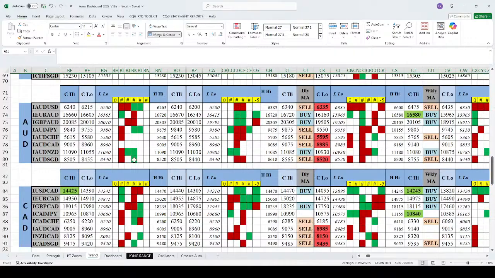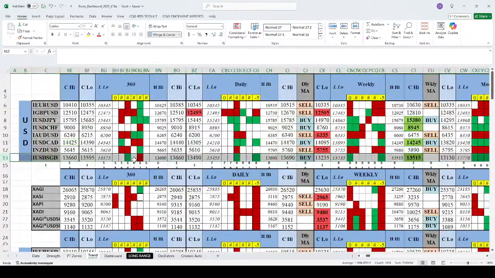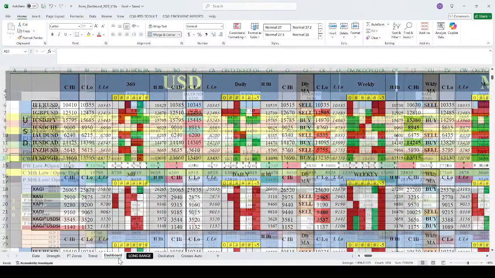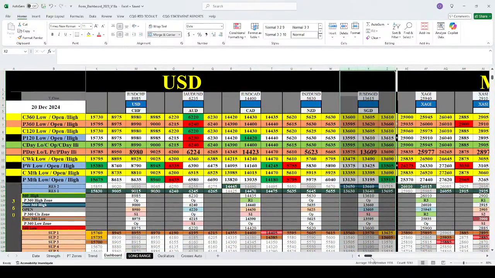But daily is still flat. Here we are not seeing any signal on the Sing dollar itself. So let's see the crosses.